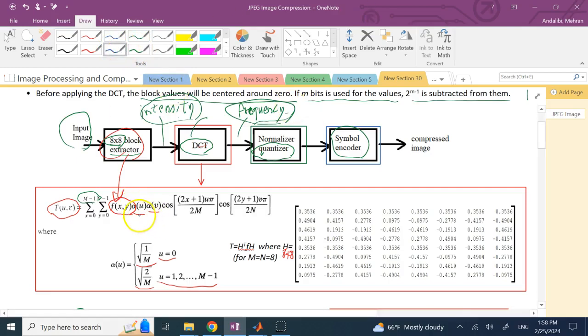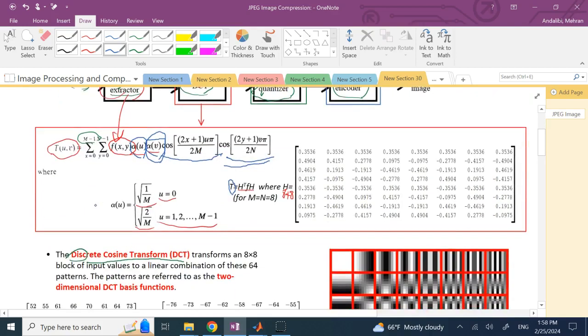So one of these you can consider like H transpose, and the other cosine you can consider H. So if you pre- and post-multiply, you get your T, and the good thing about it is this H is constant. So you get your frequency domain version of the signal.